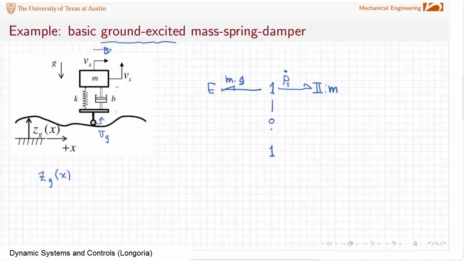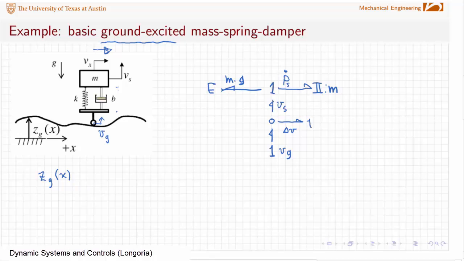Here's one little trick that we'll use often: we can use a 0 to create that velocity. This velocity here is our v sub g, here's our v sub s, and that difference here, let's call that delta v. That's the difference velocity between these two points.